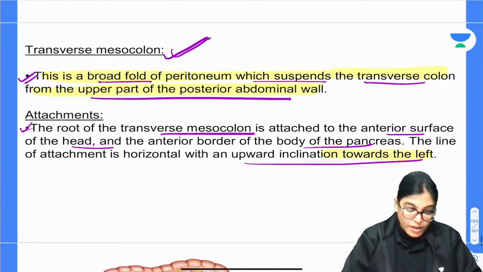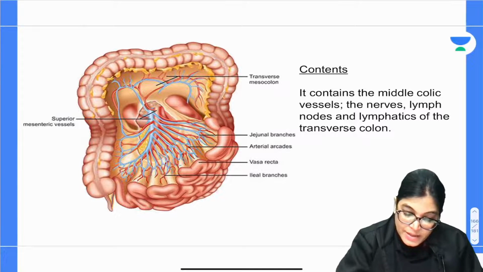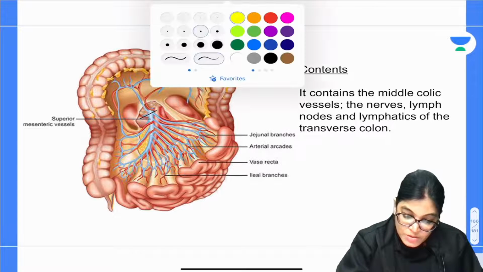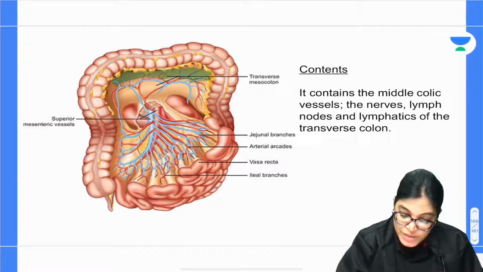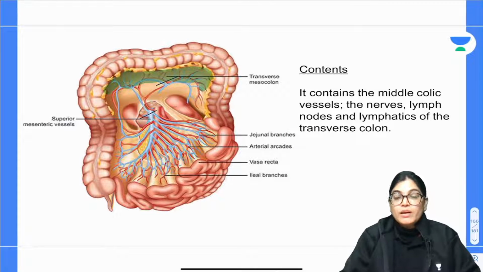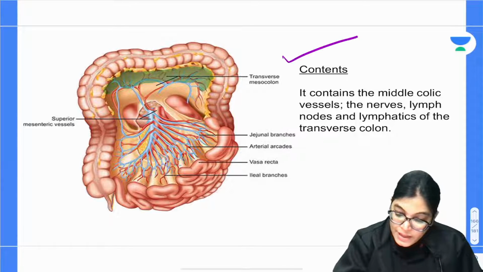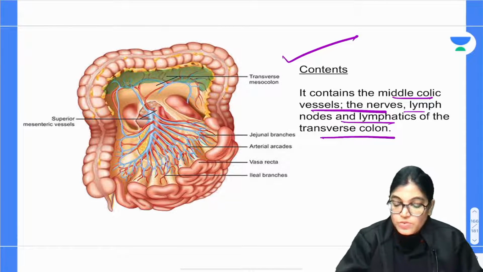Now, see this diagram where you can see the area of the transverse mesocolon. This is exactly the area you are seeing. Few vessels are lying here, but they are not giving any blood vessels entering the porta hepatic region. It contains the middle colic artery, nerves, lymph nodes and lymphatics to the transverse colon.